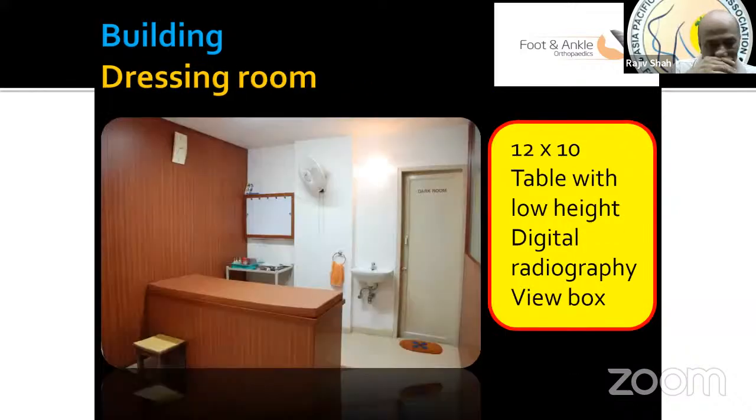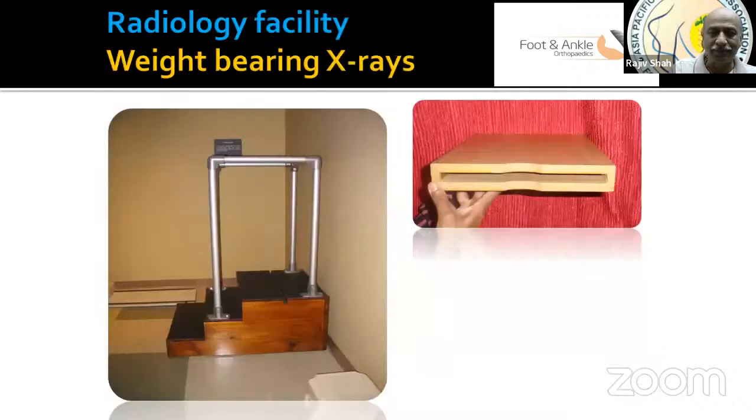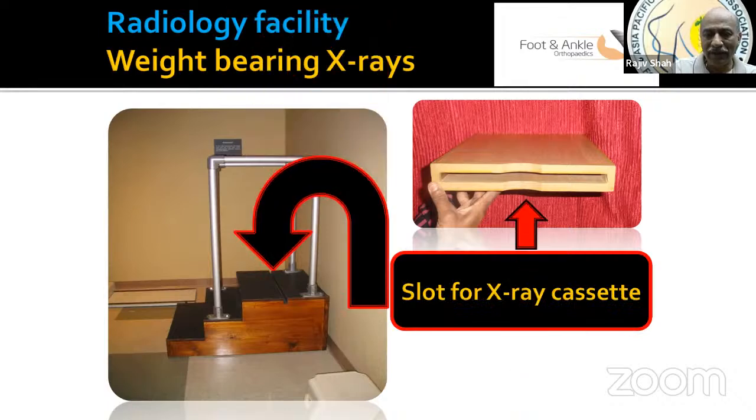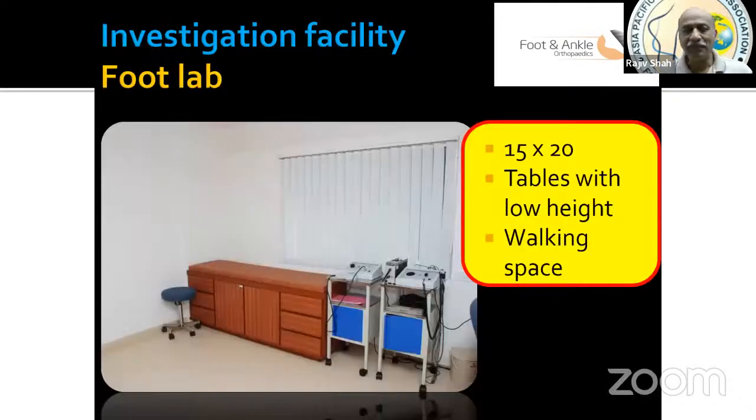And then you also need a dressing space, which could be 12 by 10, and a table with a low height, and you need a digital radiography and a radiography view box in a dressing room. And then you must have the facility of getting weight bearing x-rays. I did discuss it when we talked about the radiology.